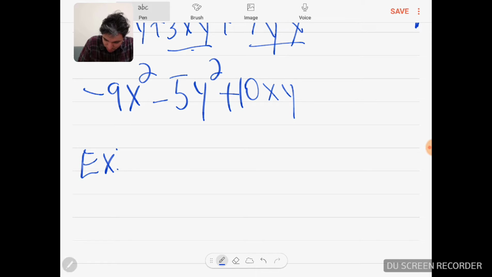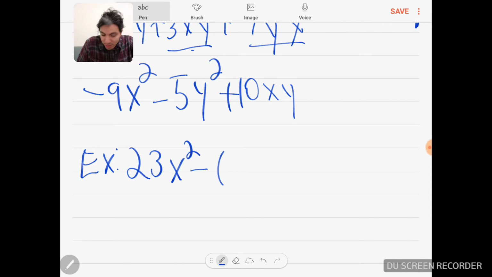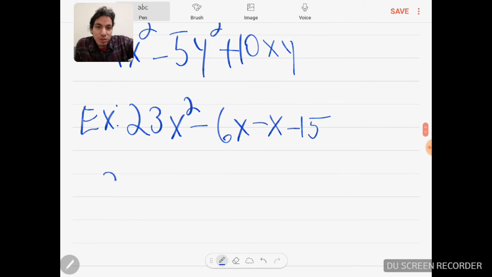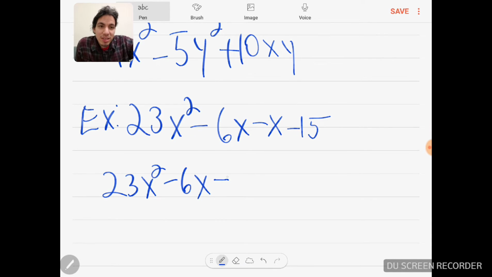Let us try this one. 23x squared minus 6x minus x minus 15. Now, when you first look at this, you might say there's nothing to combine. Well, that's why you're allowed to always put a little 1 in front of something that isn't there.